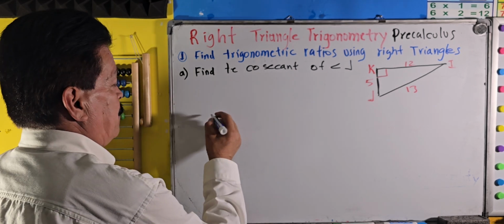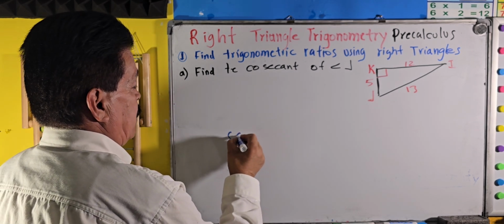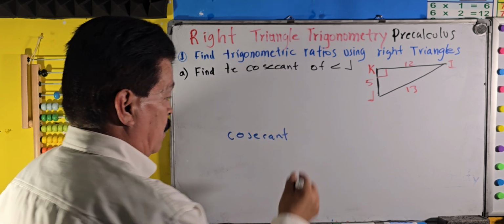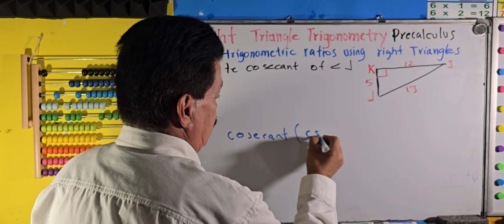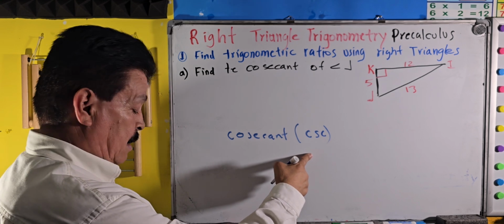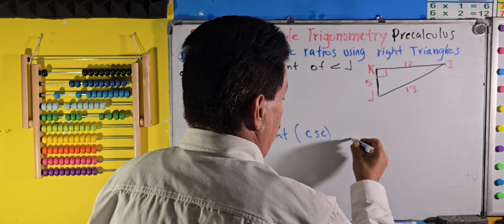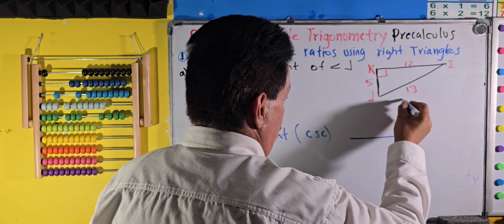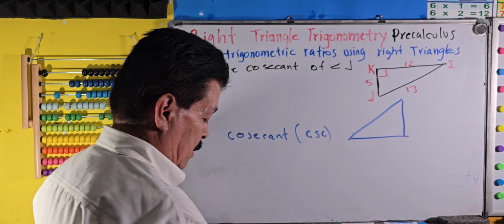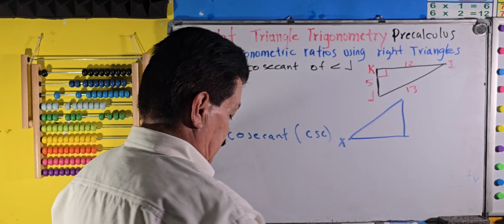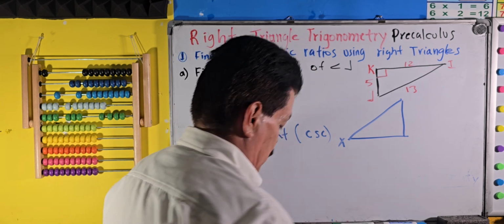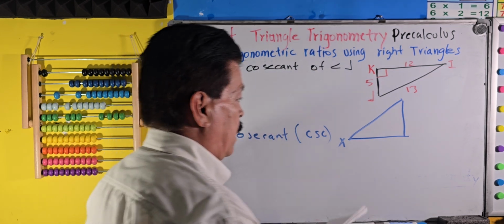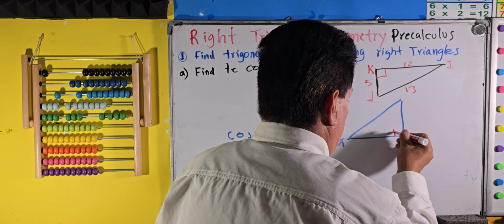So cosecant is like this. Cosecant, you can write like this, and also like this. When we have a right triangle like this, I will make the picture. This is x. In this triangle, we have a right angle.